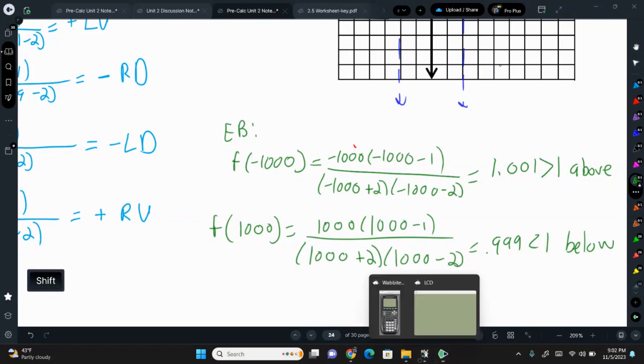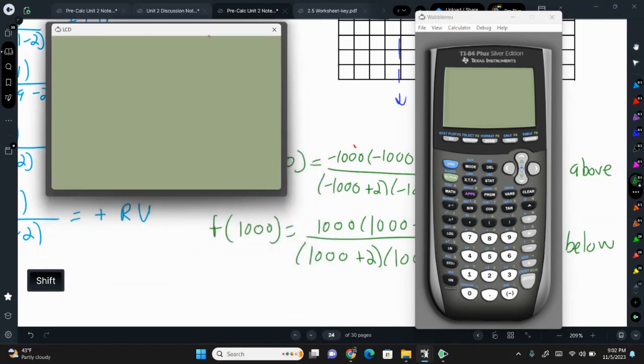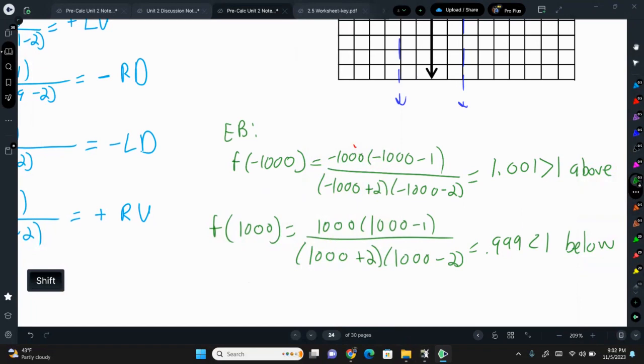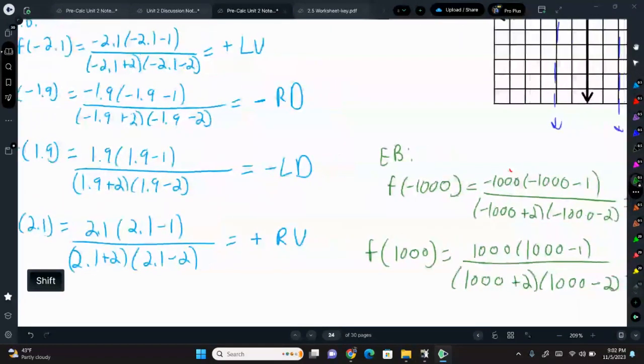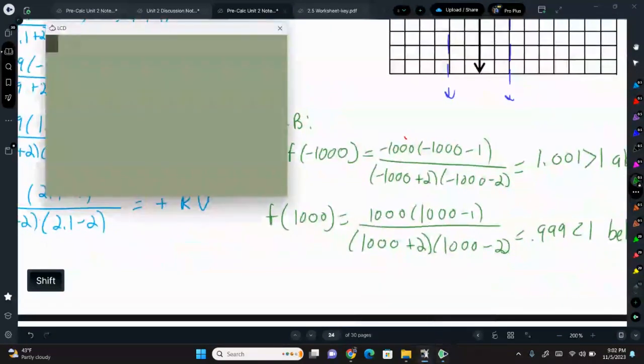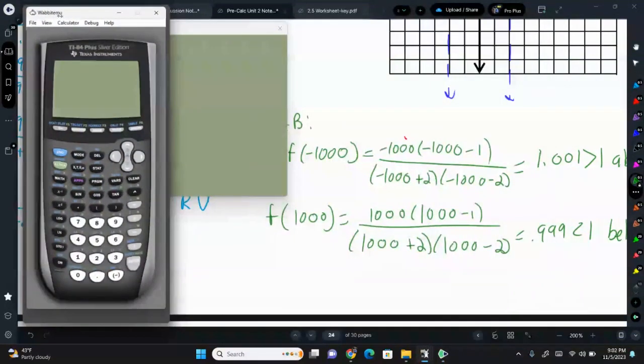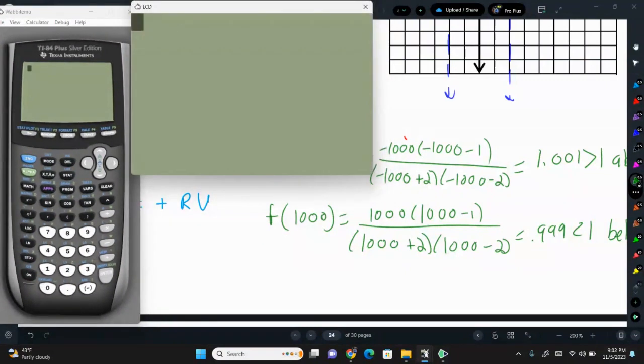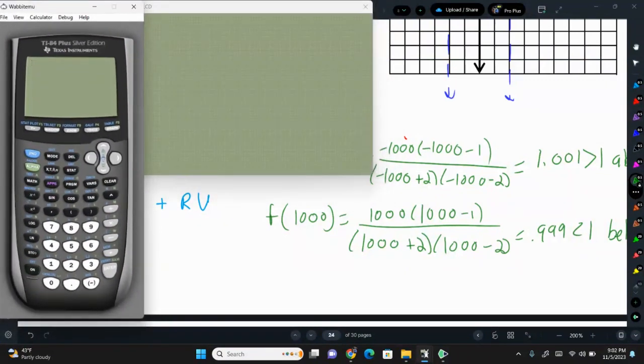Now, again, you're going to be using your calculator for determining these values. Okay? So I know it can be annoying for something like this one where you say, okay, I got to do negative 1,000 times negative 1,000 minus 1.